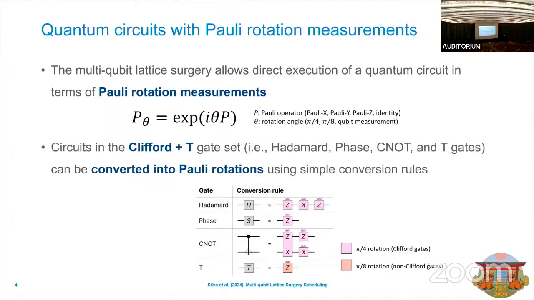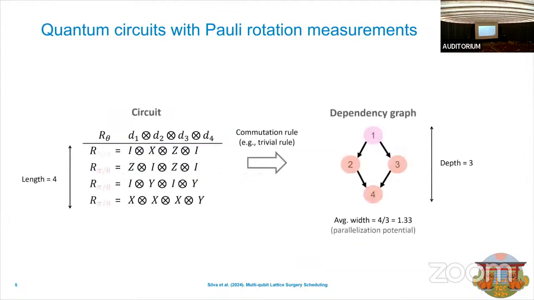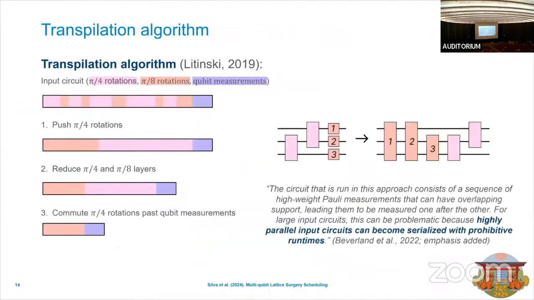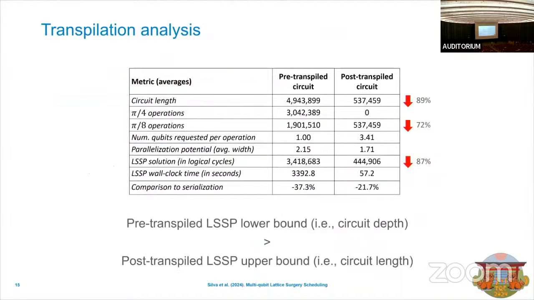Okay, and maybe a small follow-up question. In the table you present, I did not see a comparison for the T depth. You only compare the circuit depth. Do you have an idea of the T depth comparison? Yes, let me get there. T depth is here, on pi/8 operations. Because this is steps, not number.